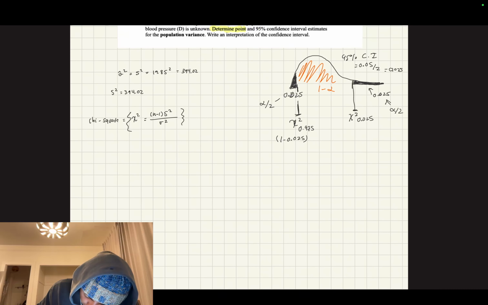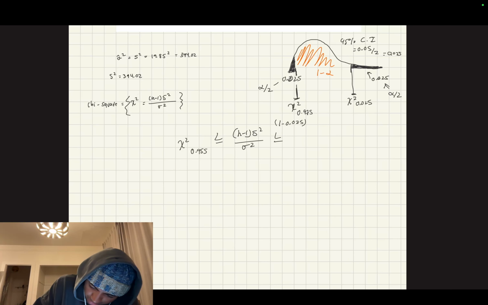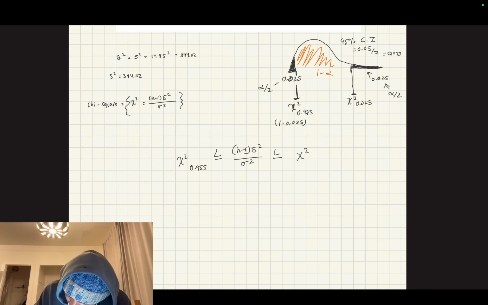On the one hand side, we have our chi-squared at 0.975, and our chi-squared test statistic, n minus 1 times s squared over sigma squared, is at 0.025.